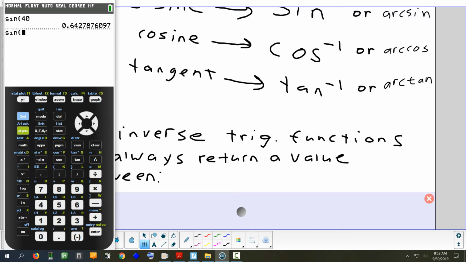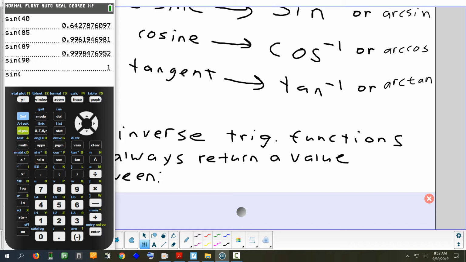Let's type in sine of 85. You get 0.996. Let's go sine of 89. I'm getting pretty close to what number there? 1. Does anybody remember what angle gives me exactly 1? 90. If you go sine 90, now you're at 1.